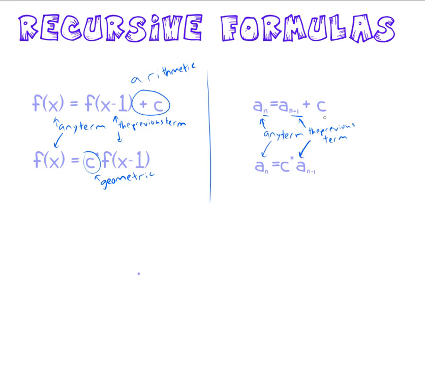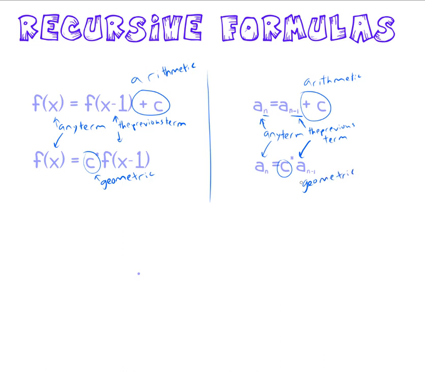Then you're either adding something to it, or subtracting something from it, if it's arithmetic. In this case, you could be multiplying something by it, and if you're multiplying, it would be geometric.